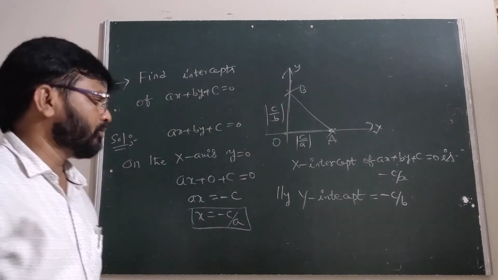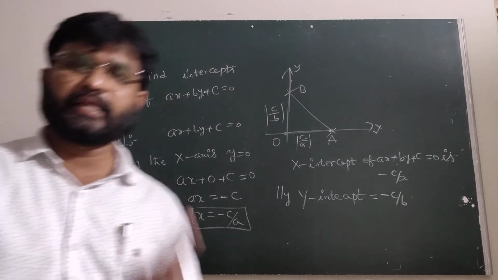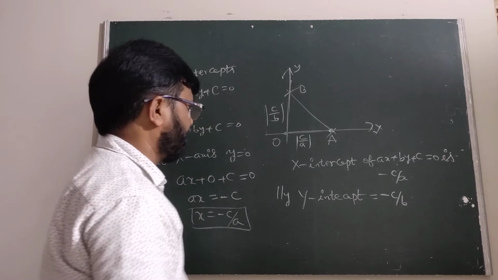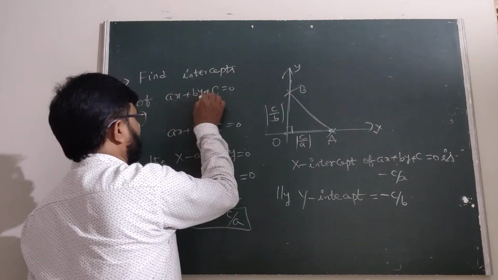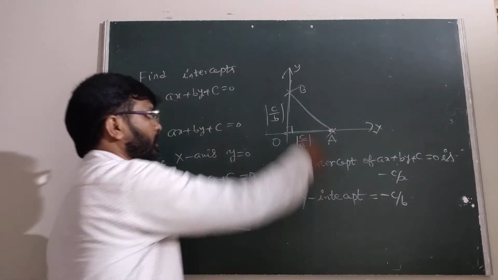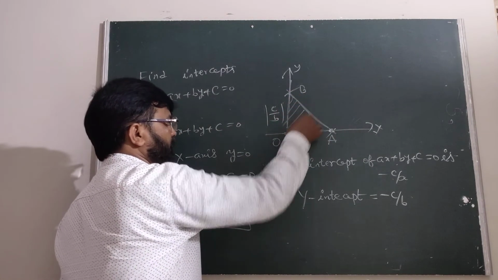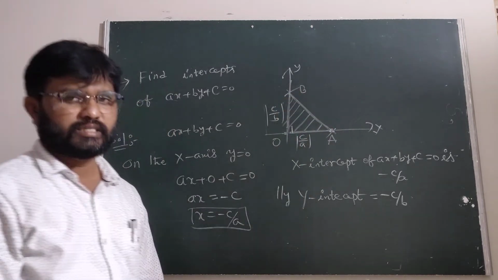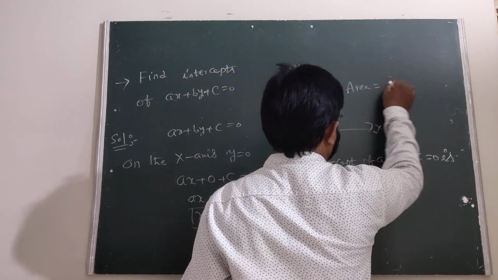So now the ax plus by plus c. Suppose the area of the triangle formed by the line ax plus by plus c equal to 0 with the coordinate axis. Here the triangle formed by the line AB with the coordinate axis is the area of the triangle.